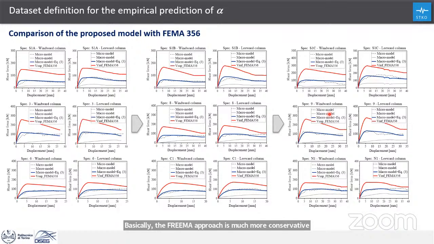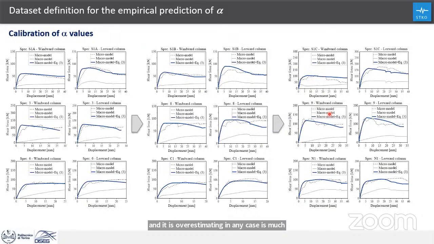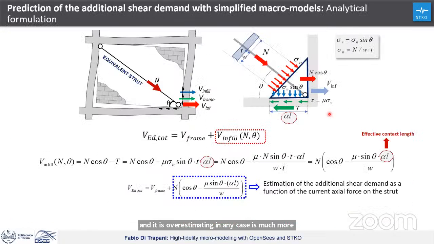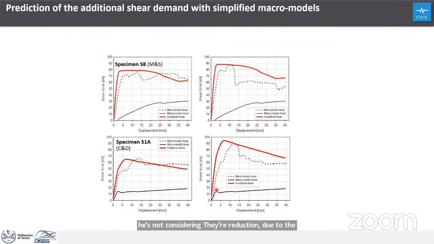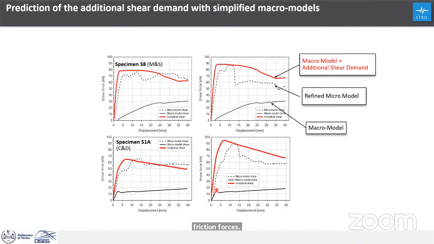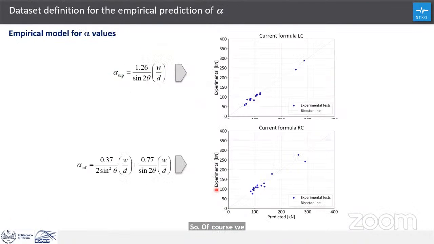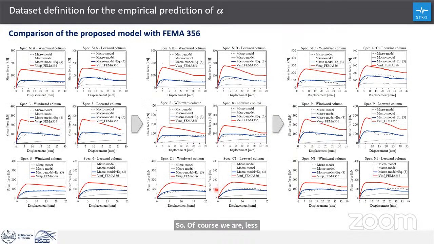And the reason why it is much more conservative is because the FEMA approach is considering only this term here, n times cos theta, and is not considering the reduction due to the friction forces. So, of course, we are less conservative, but we are going to a more real evaluation.